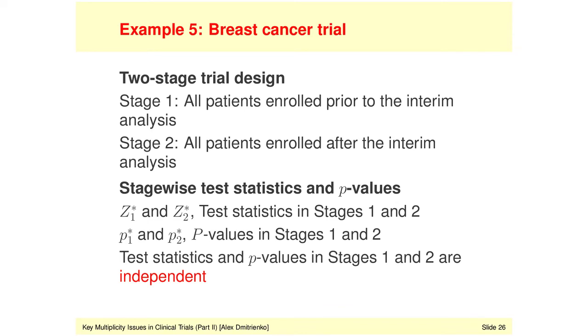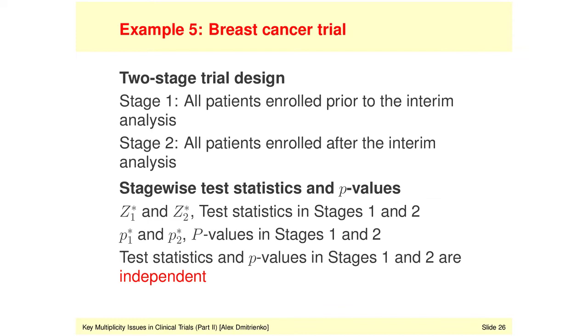The first source here is the evaluation of treatment effects within the overall population and the pre-specified subpopulation of patients. The second source of multiplicity, due to repeated significance testing at two decision points, interim analysis and then final analysis, this source will be addressed by applying the combination function principle.